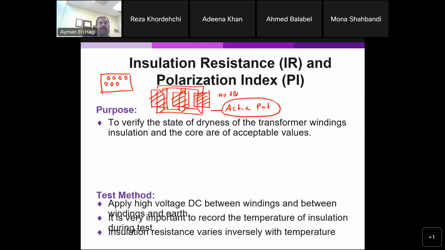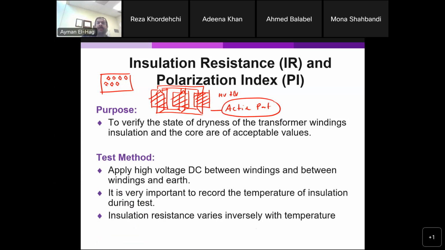So we apply the Megger test between high voltage to ground, low voltage to ground, and high voltage to low voltage. We measure all these three resistances. Typically, we apply around 5 kilovolt DC for the high voltage and 2.5, and sometimes 1 kV, for the low voltage. And the insulation resistance should be in the giga-ohm range.